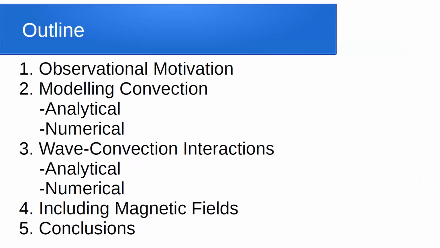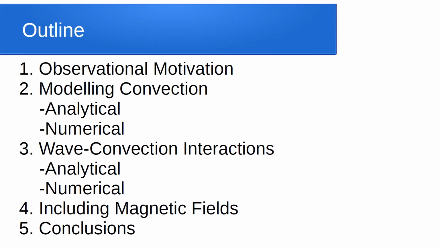I'll give a little bit more motivation, looking not just at stars, because what I'll be talking about is applicable to many different systems. Then I'll talk a little bit about how we can go about modeling convection using heuristic models and a little bit with some numerical models.